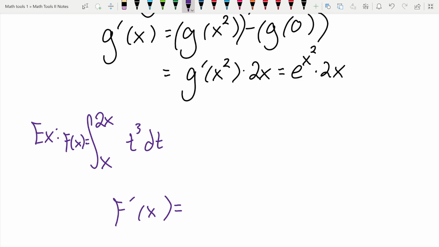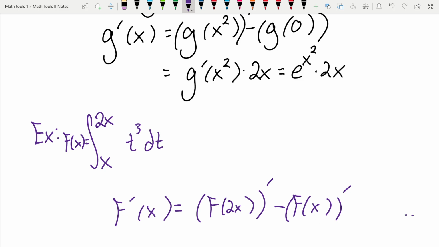then this is going to be f of 2x prime minus f of x prime, right? So I put the prime on the outside because of the chain rule. For the second term, it doesn't actually matter.